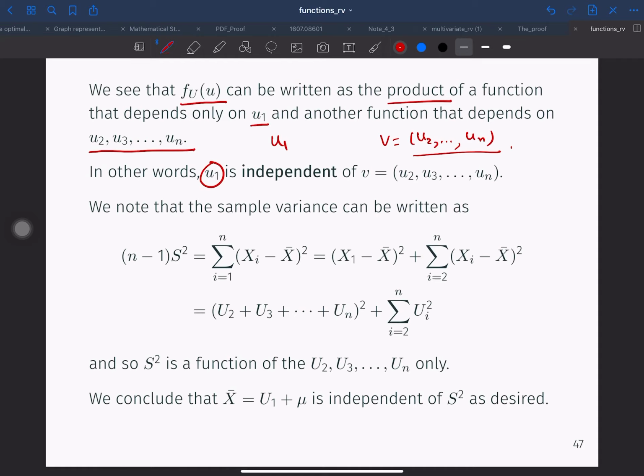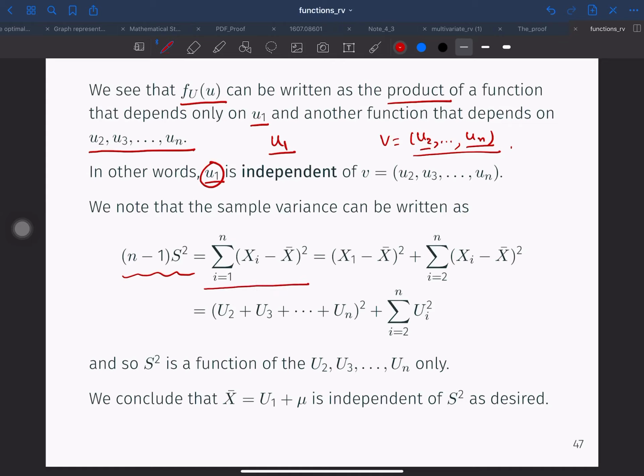And that implies that the random variable u1 is independent of the remaining random variables. And this is finally the last trick. So the sample variance, which we defined earlier, n minus 1 times s squared, is a sum of xi minus x bar squared.